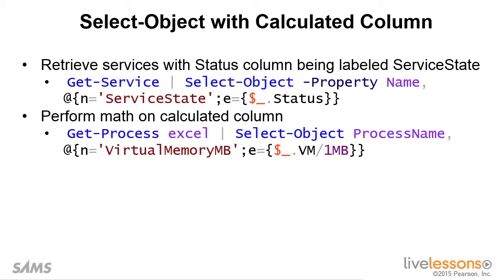In this example, we are getting the process of Excel. We are then going to select an object of process name, and then we are going to create a new calculated column with the name of virtual memory MB, which represents megabytes. In the expression, we are taking the virtual memory, or the VM property, and dividing it by 1 megabyte so that it is displayed in megabytes.